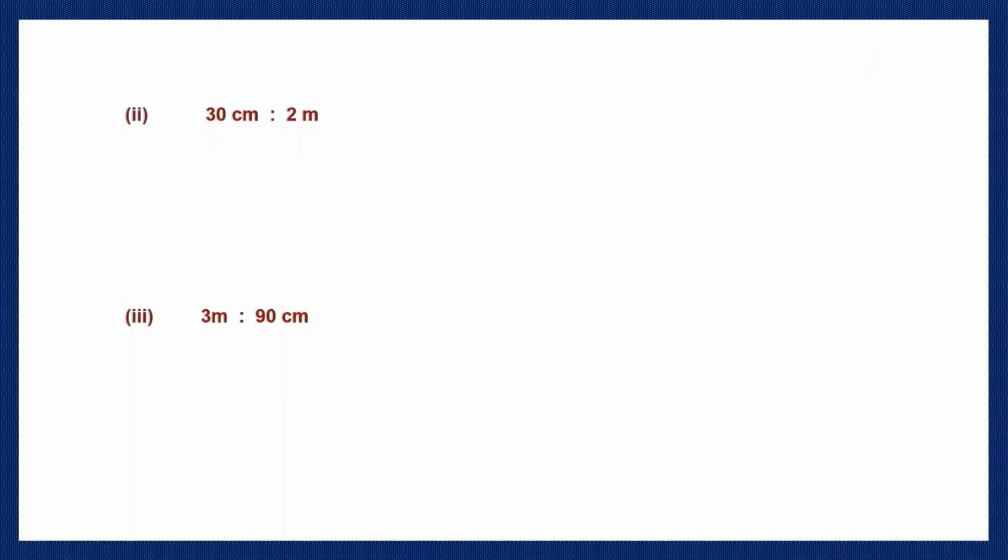Question 2, 30 centimeter and 2 meters. So the units are different, centimeter and meter, and the bigger unit is meter. So let's convert meter to centimeter. 1 meter has 100 centimeter. Therefore, 2 meters will have 200 centimeters. So here let's rewrite this question as 30 centimeters is to 200 centimeters.